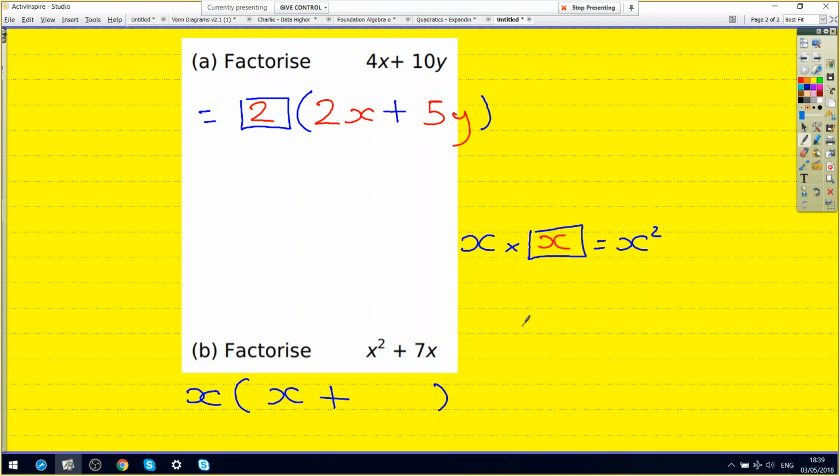What is 7x short for? Would it be x times x times x times x? No, that would be x to the power of 7. Oh. 7x is just short for 7 times x. And so x times what gives you 7x? x times 1? No, not 1. Or 7x divided by x.